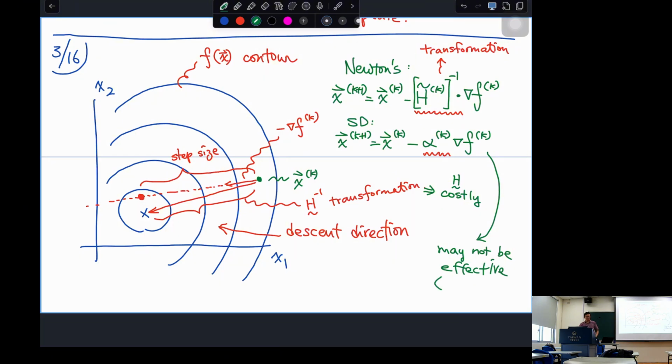The steepest descent tends to move along this zigzag direction. So it doesn't point to the right direction all the time. So it's making this 90-degree turn all the time. Okay?